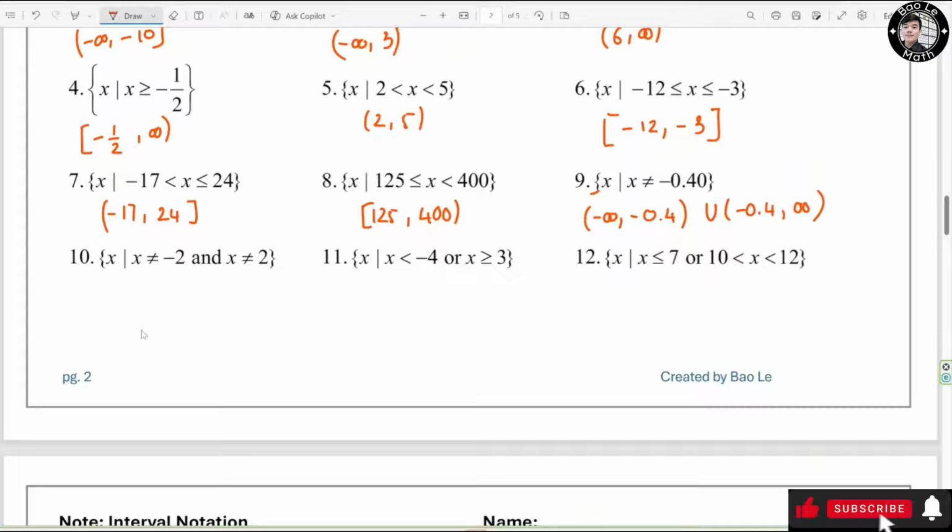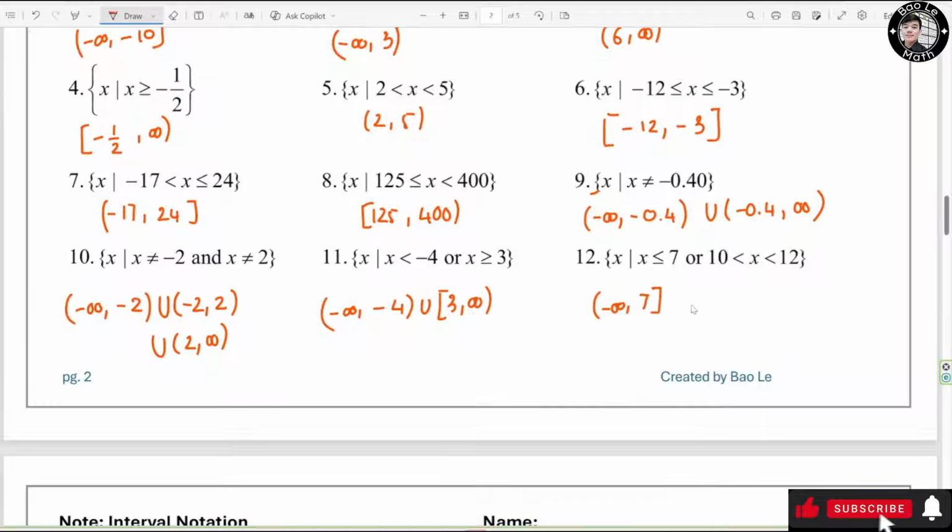Number 10, it should be negative infinity to negative 2, union, negative 2 to 2, union, 2 to infinity. Number 11 should be negative infinity to negative 4, union, 3 to infinity. And number 12 should be negative infinity to 7.